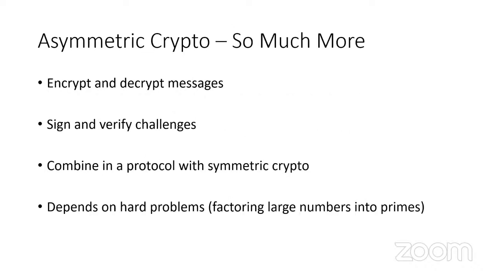The cool thing about asymmetric crypto is that it's not just for encryption and decryption. You can use it to sign and verify messages. You can combine it with itself and with other primitives like message digests, one-way hashes, and symmetric crypto to make much more advanced protocols, such as TLS.